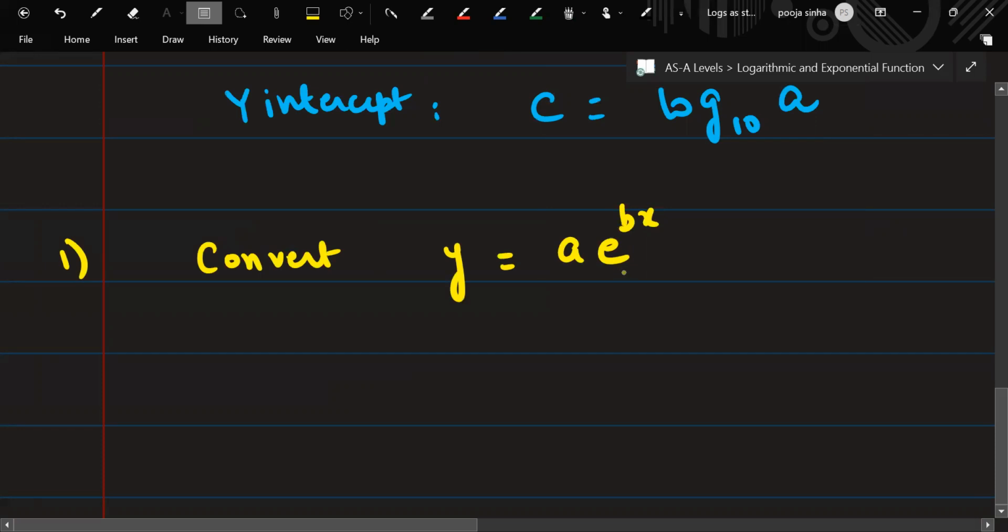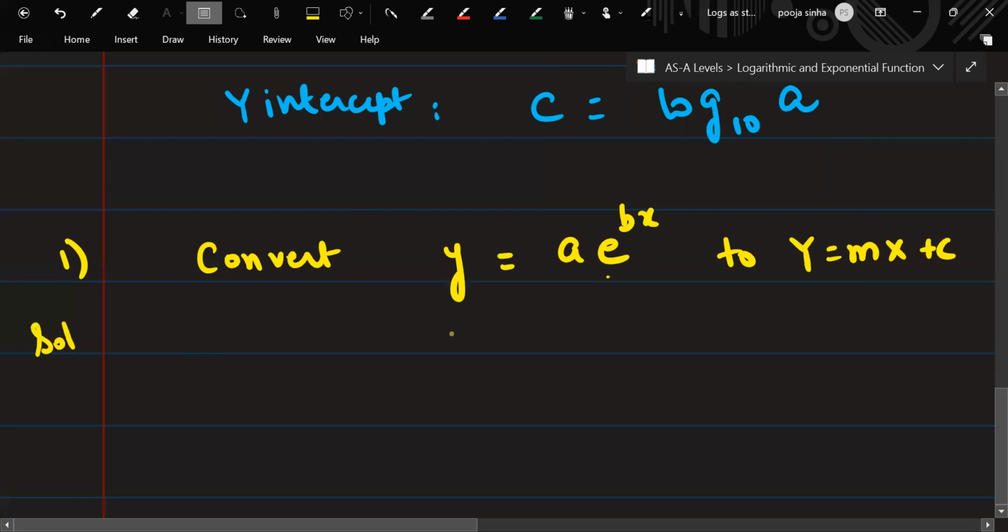Now, what is the base here? e. So what am I supposed to take? I will take ln on both sides, right? So how will you do it?